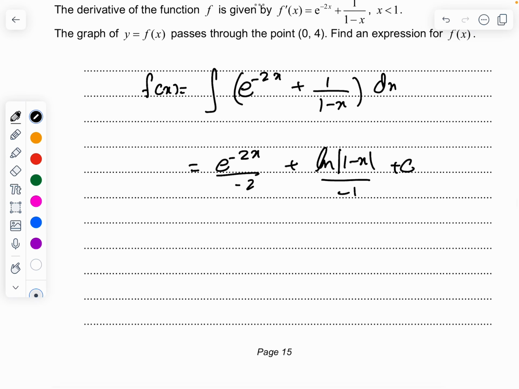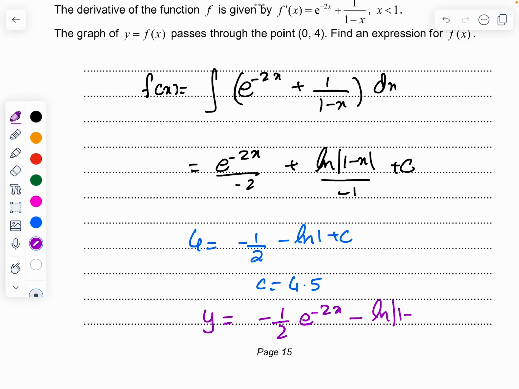But it passes through 0, 4. So 4 equals negative 1 upon 2 minus ln 1 plus c. This gives me c value as 4.5. So my final answer is y equals minus 1 upon 2 e power minus 2x minus ln of 1 minus x plus 4.5.